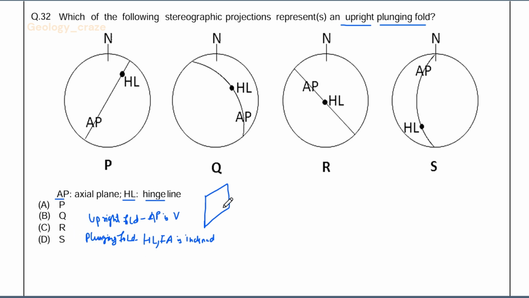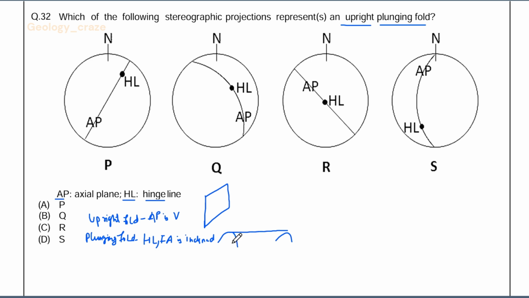Now in our question they are adding both terms into one, asking about an upright plunging fold. An upright plunging fold is when the hinge line or fold axis is not horizontal. Suppose this is our fold and this is our maximum curvature.